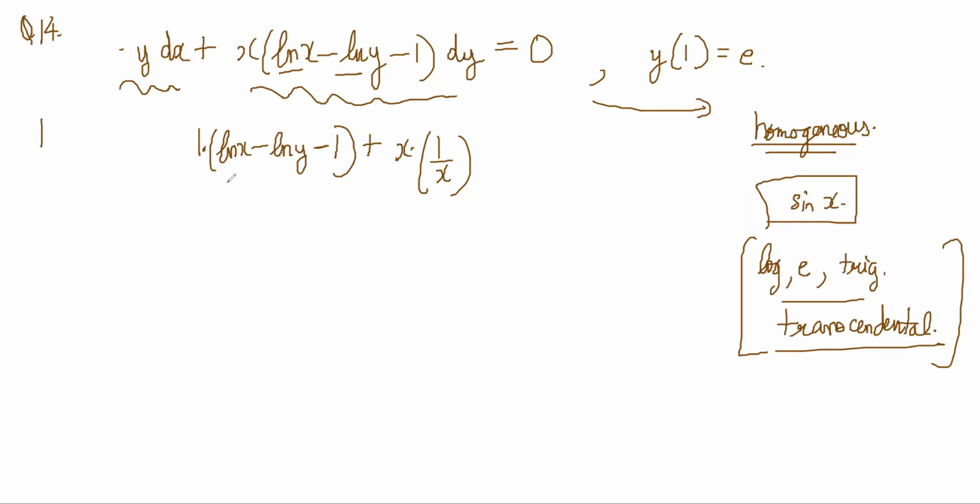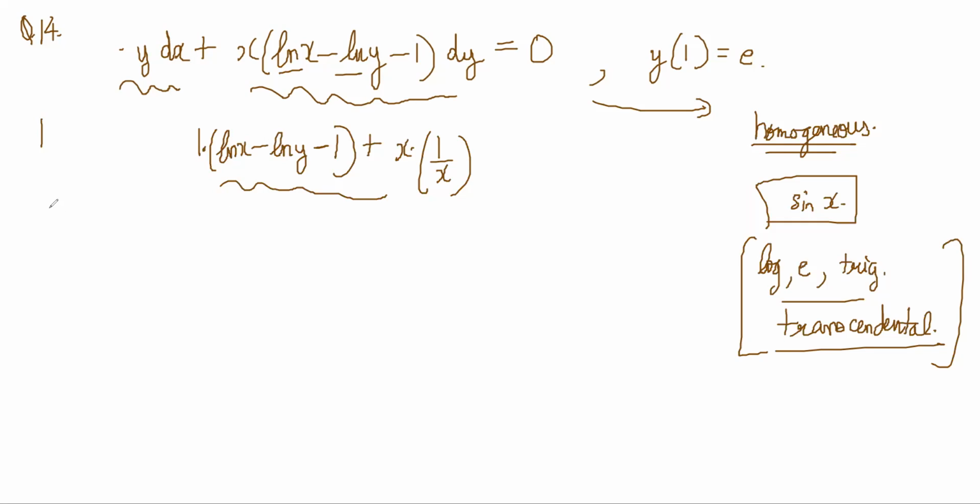Oh no, it's not the same. It's not coming. It's not exact. Okay, so maybe we should simplify it a little bit. I felt like it will be exact, but it is not. So what is wrong? x ln x minus x ln y. Okay, it is not coming exact.